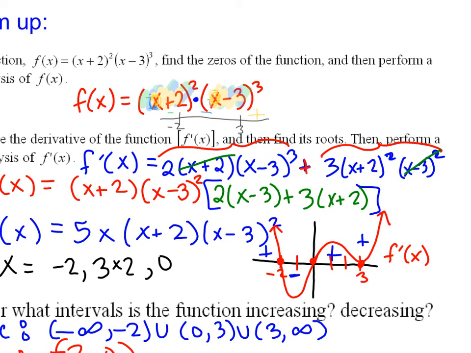Let me go ahead and highlight so we can talk about it. So given that we have a square here, that's why we put this right here. So the derivative of the first times the second plus, and then that's a 3, the derivative of the second times the first.